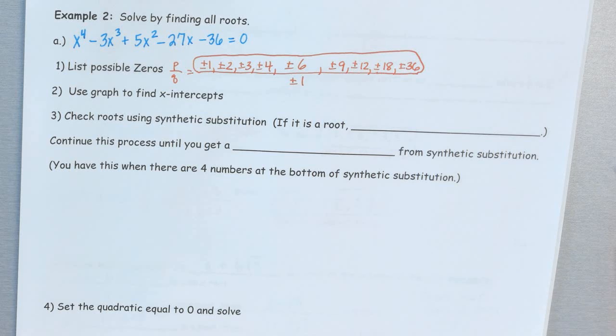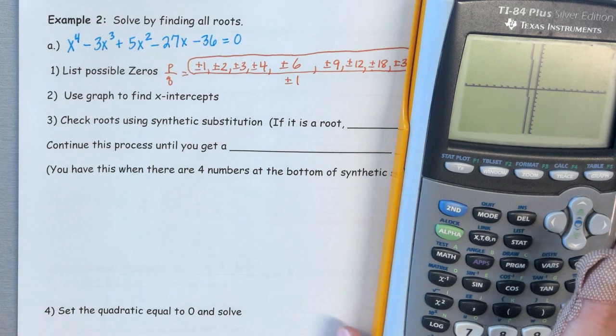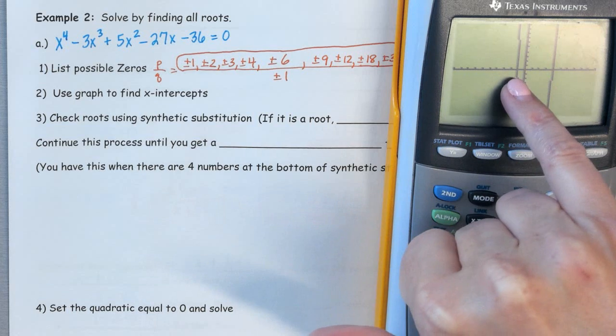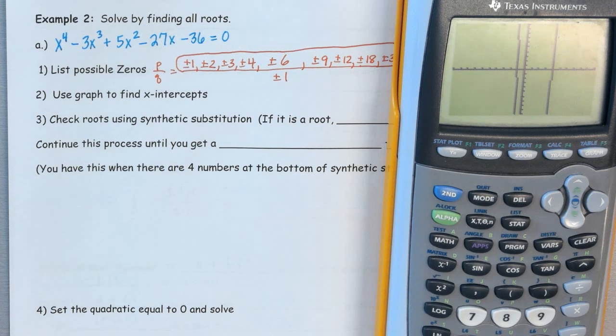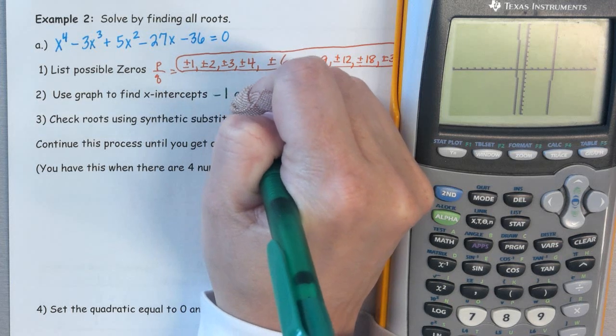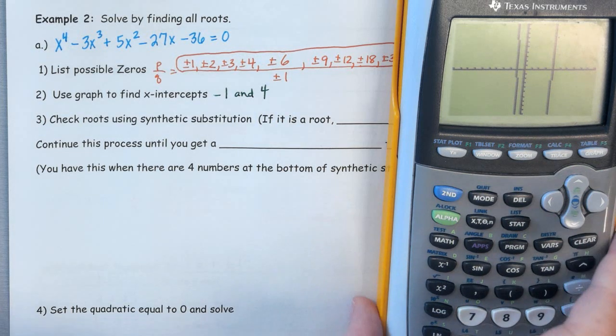How many are there on this one? You are going to have to go back to your standard window. So it crosses here at what value? -1. What's the other one? Okay, so there are 2 of them here.